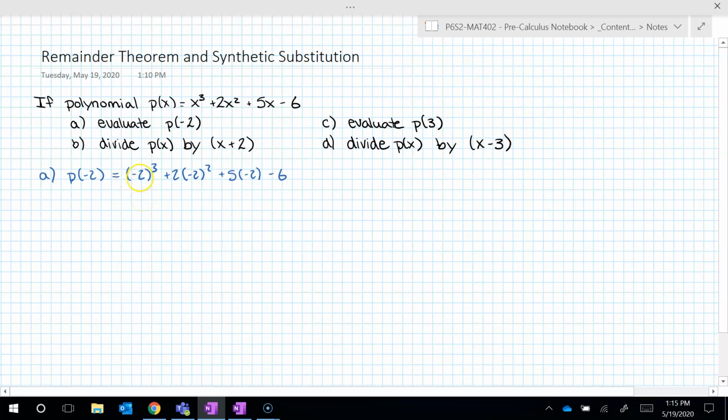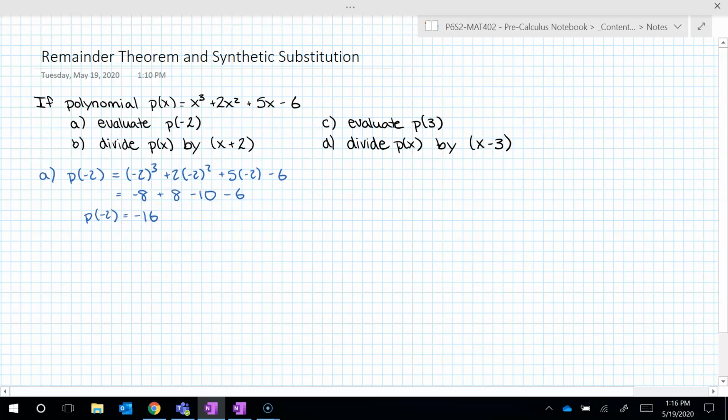Negative 2 times itself is positive 4, times negative 2 again makes negative 8. Negative 2 squared is positive 4, times 2 makes positive 8. 5 times negative 2 is negative 10, and then minus 6. And I end up with p of negative 2: negative 8 plus 8 is 0, minus 10 is negative 10, minus 6 is negative 16.